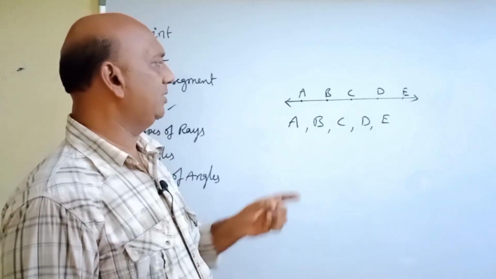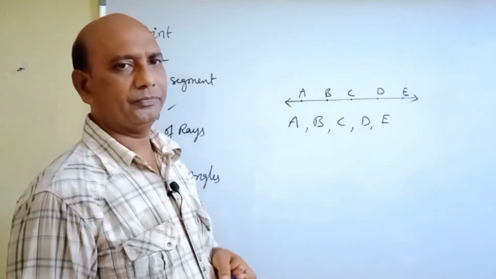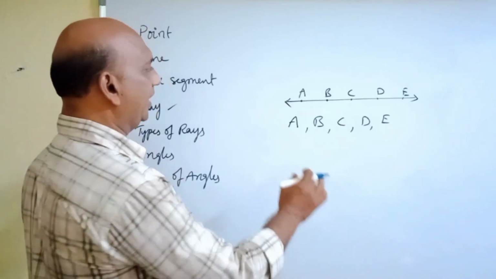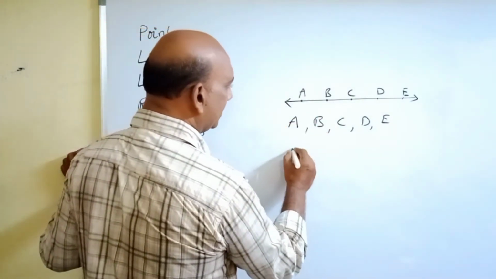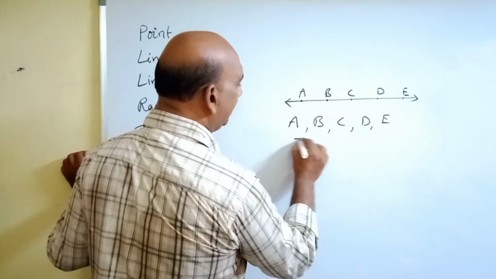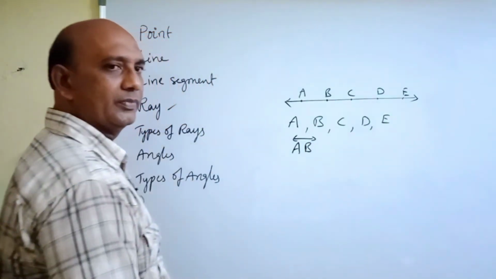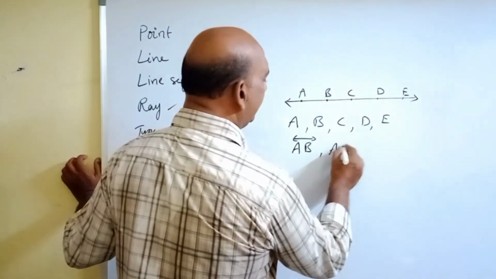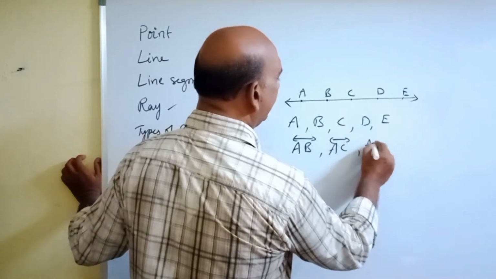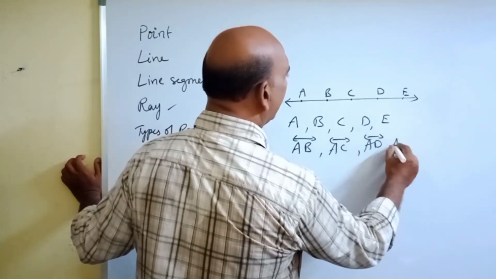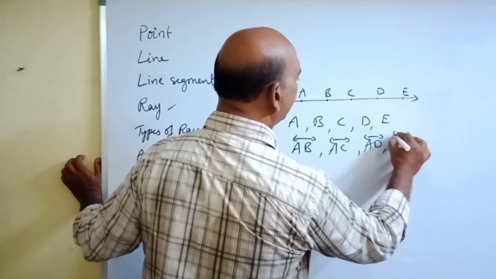In so many ways we can indicate this line. So what are the different lines in this figure? That is line AB, line AC, line AD and line AE.